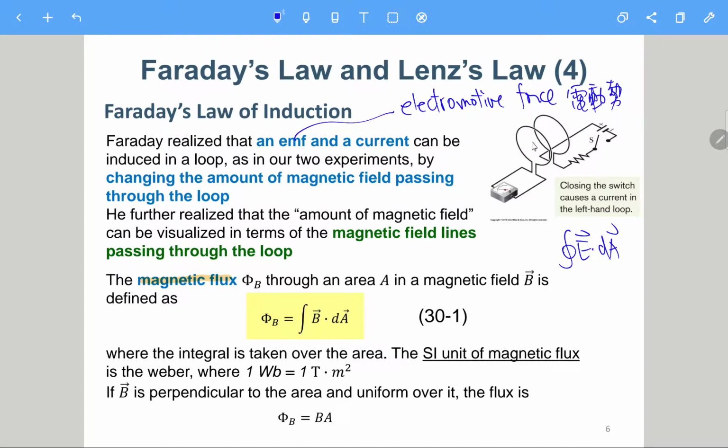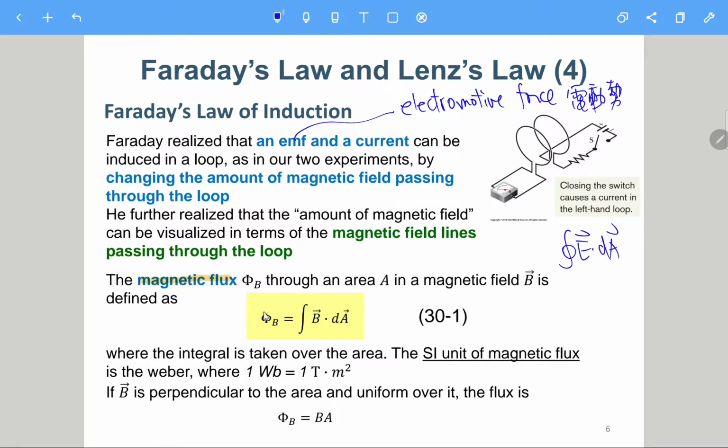So it is not a closed surface. So here we only use this normal integration sign and then B dot dA, which means we count for the magnetic flux. This is the magnetic flux density. So we integrate it over the area, which is the total flux through this loop.